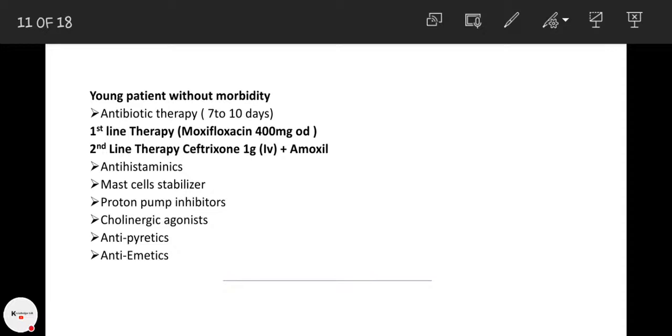The antibiotic therapy continues for 7 to 10 days. We will usually give moxifloxacin 400 mg once a day as the first line therapy in patients with pneumonia. The second line therapy includes ceftriaxone 1 gram intravenously plus amoxicillin.